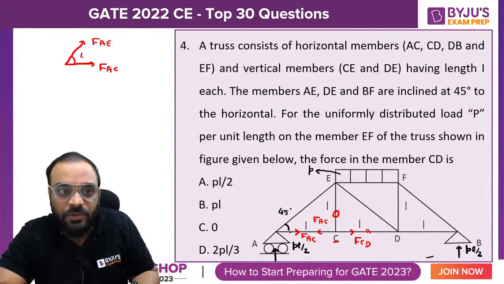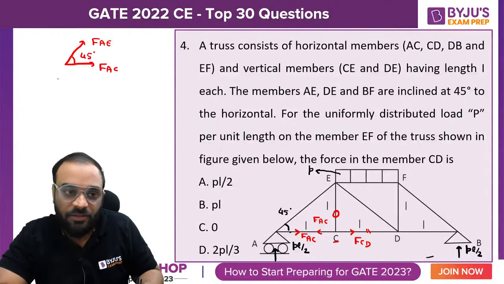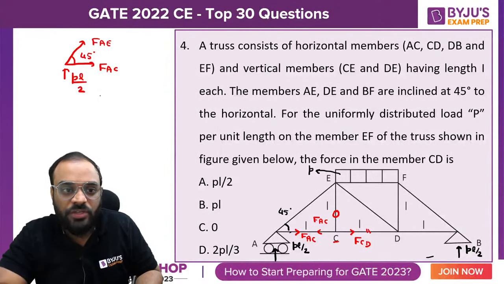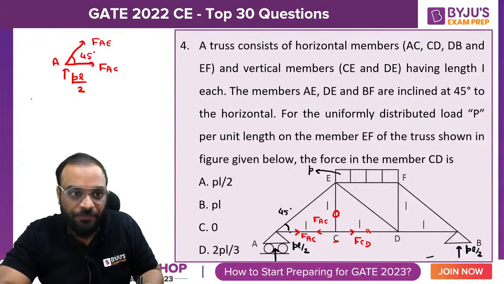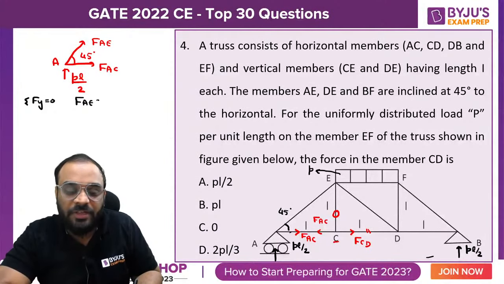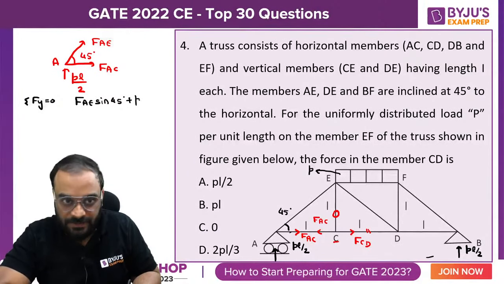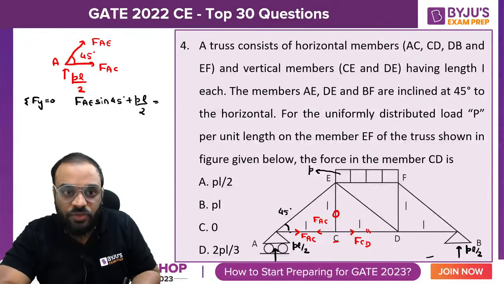And this angle is equal to how much? It is 45 degree. So we know that this value is equal to PL by 2. So first I will take the summation Fy equal to 0 at joint A. So this value will become FAE sine 45 degree plus PL by 2, and it should be 0.